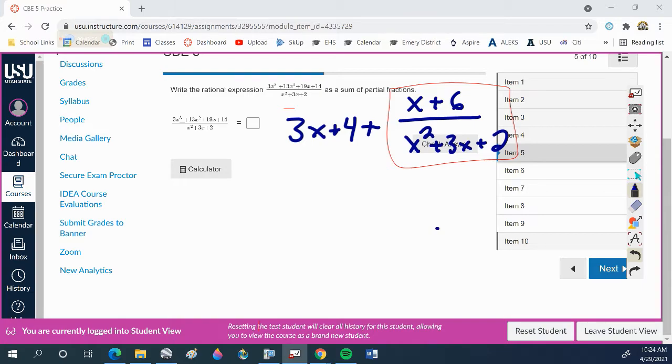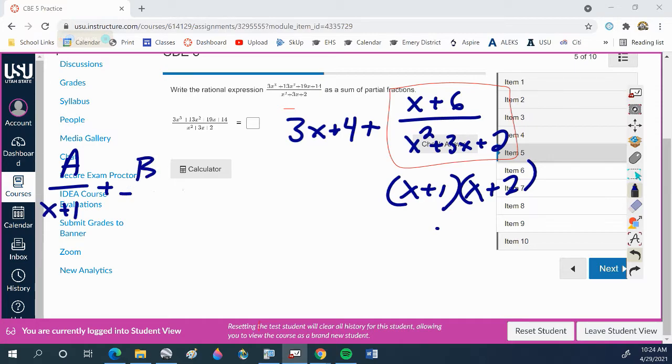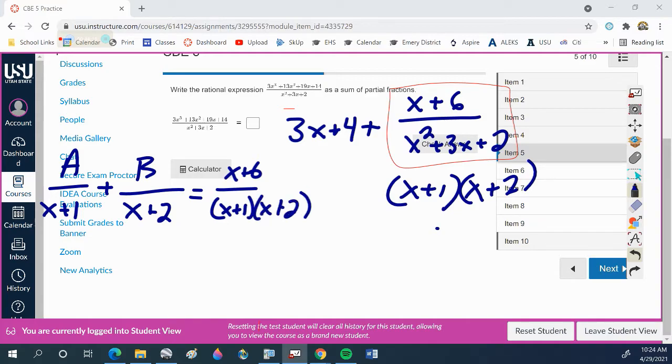So that is x plus 1 and x plus 2. So A over x plus 1, B over x plus 2, and that is equal to x plus 6 over x squared plus 3x plus 2. Okay.